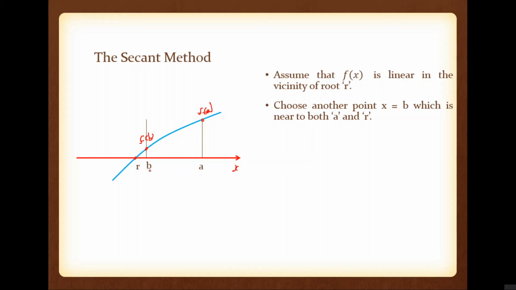Means the position of B and A are not important. A and B must be very close to r.